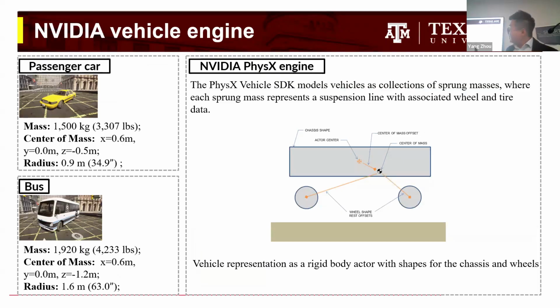Furthermore, you can even customize the mass of the vehicles and the center of mass of the vehicle. For example, if I really care about freight safety, then for trucks the center of mass will come into play. And this NVIDIA physics engine provides very, very detailed vehicle dynamics that has not been captured by existing traffic simulation.